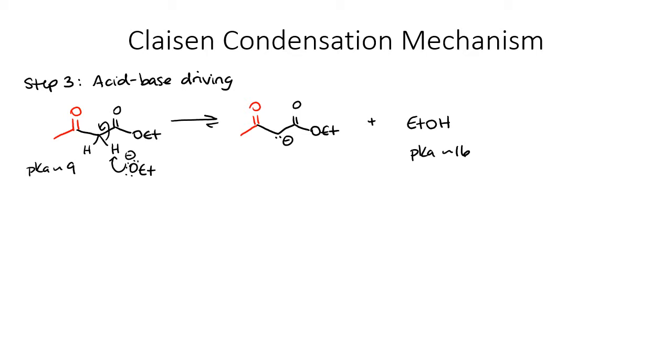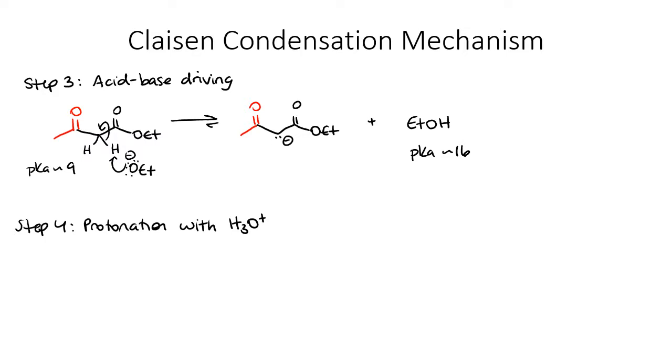Now at this point, we have an enolate and we cannot end with a product that has a charge on it. So our last step, step 4, is our final protonation step. And this is where the H3O+ as our second reagent comes in.